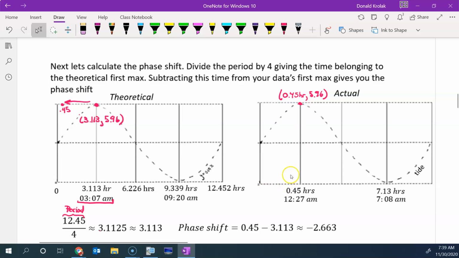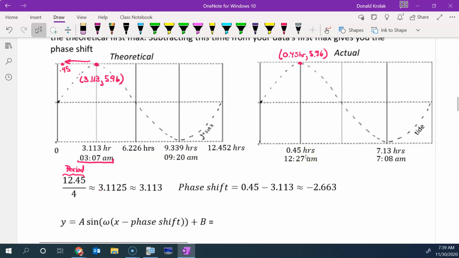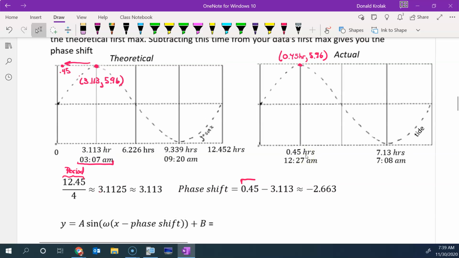And so to figure out how far you shift it, okay, you take the actual max, this is from our data. This is the time from our theoretical. And you subtract them.